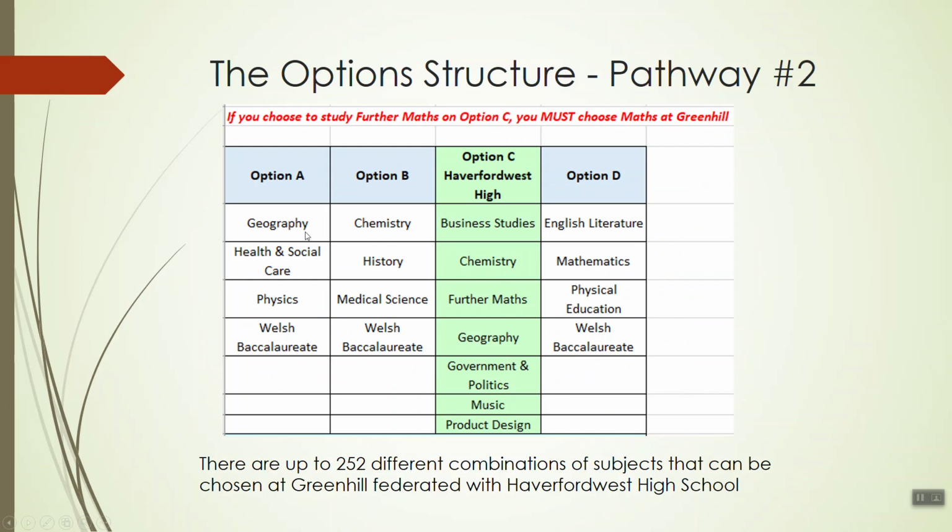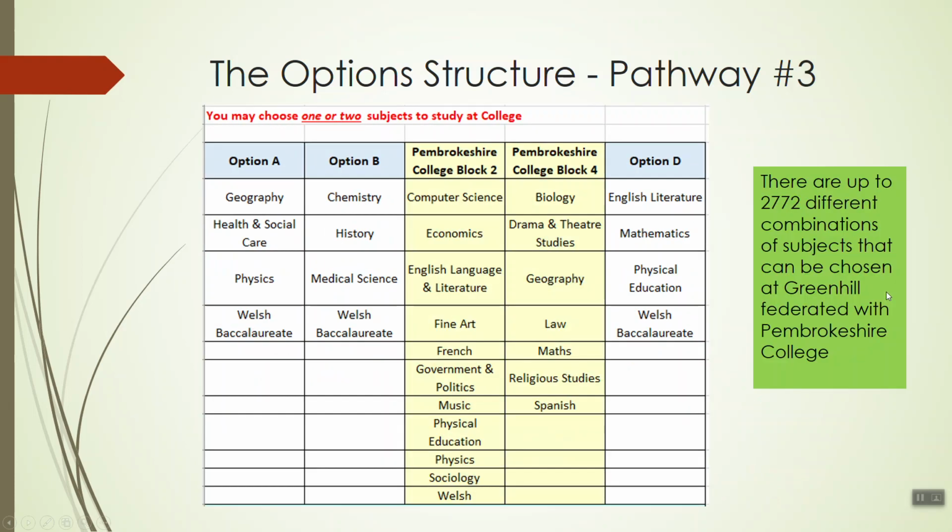You would choose a subject from each of those vertical columns. Then we come to pathway 3, which is the one where our block C is replaced by 2 blocks in Pembrokeshire College. And you're in the position where you can choose to do 1 or 2 subjects at Pembrokeshire College.